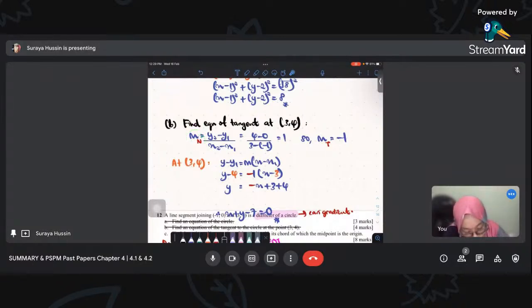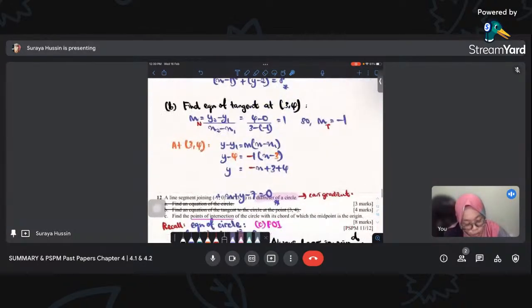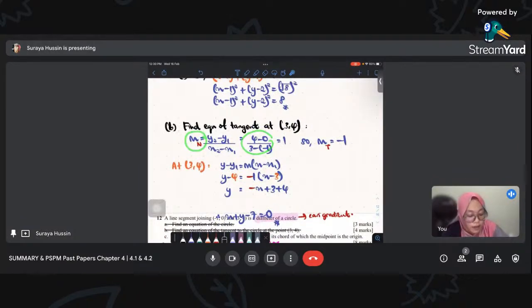I use hujung-hujung, tak kisahlah, sama je. I use 4 minus 0 and then 3 minus negative 1. This is what I do to find the gradient. And so I got 1.